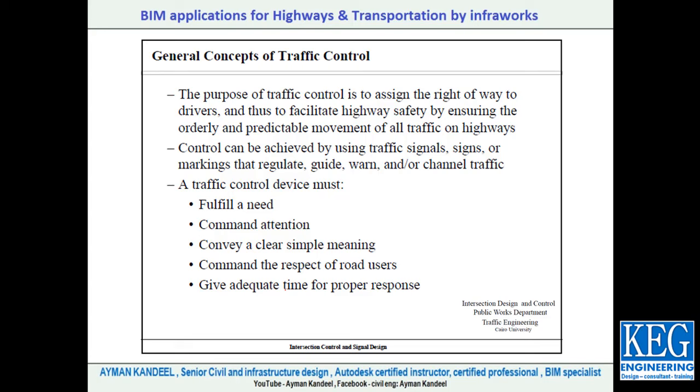The first one is based on the need to fulfill common attention, convey a clear simple meaning, command the respect of road users, and give adequate time for proper response. This is the main control for the traffic.